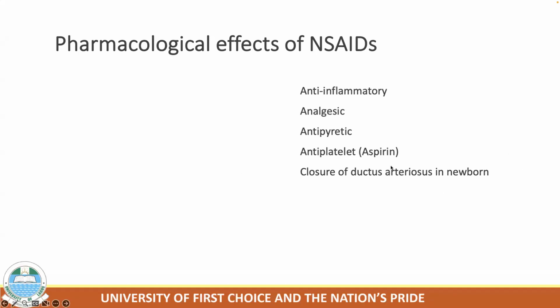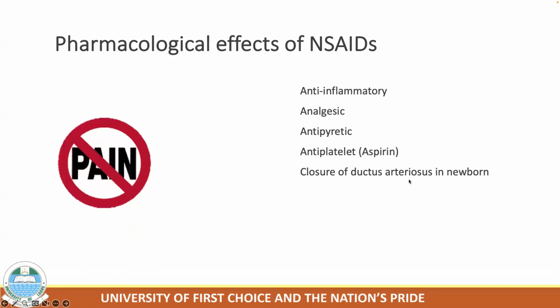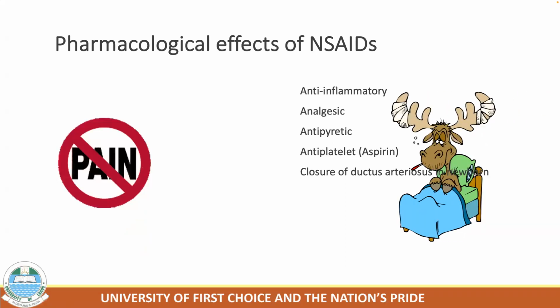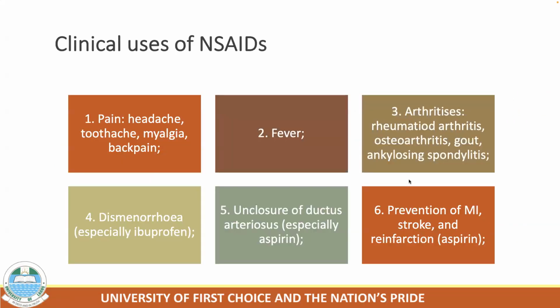It is a specialist procedure and is not commonly used. So it treats pain, treats fever, and of course, that gives rise to all the clinical uses for NSAIDs that we have: for pain, for fever, arthritis, for prevention of myocardial infarction, stroke, and reinfarction.